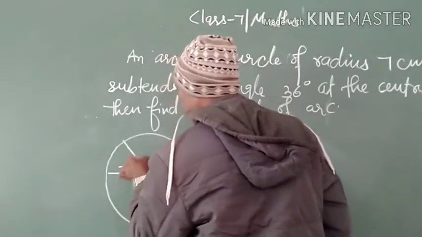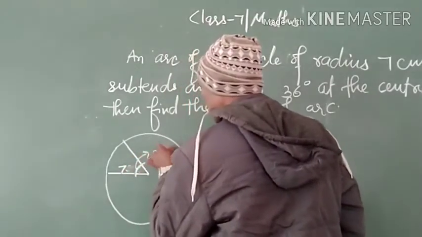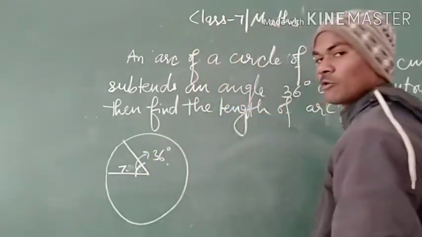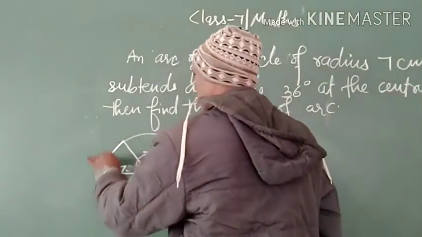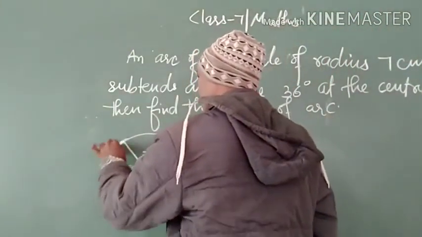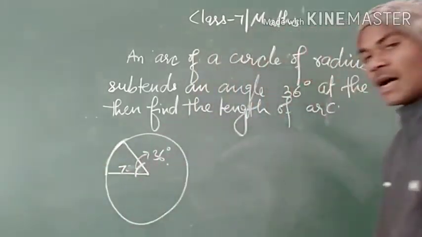This angle is 36 degrees. So we have to find out the length of this arc.